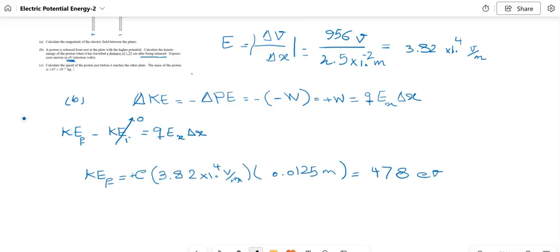For the last part, part C, the question asks us to calculate the speed of the proton just before it reached the second location.